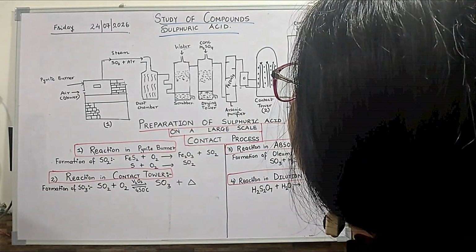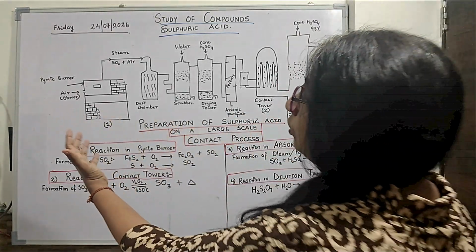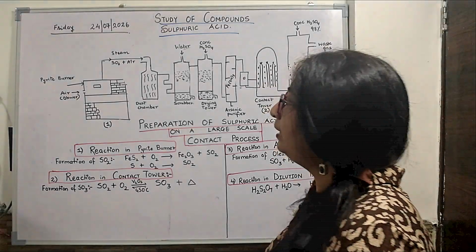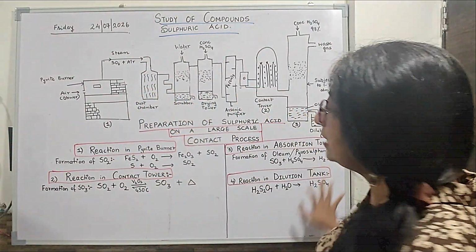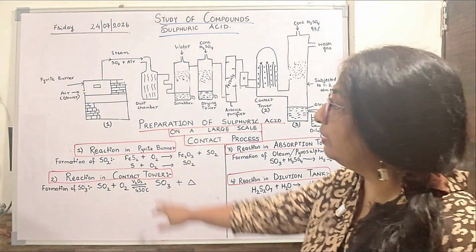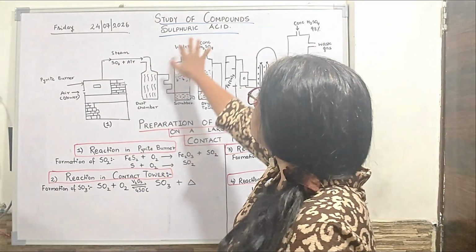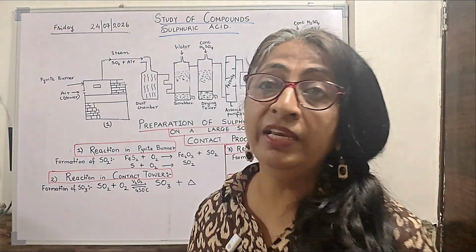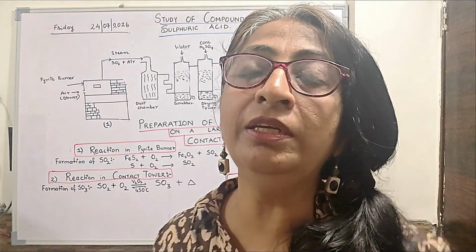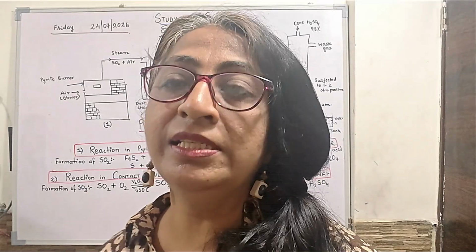You will be seeing a preparation on the board right now, and I have shown you some structures over here. We will be discussing this in detail. If we want to prepare sulfuric acid, what do we need? The most important element is sulfur.